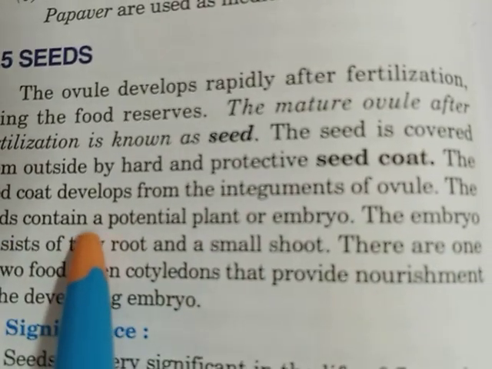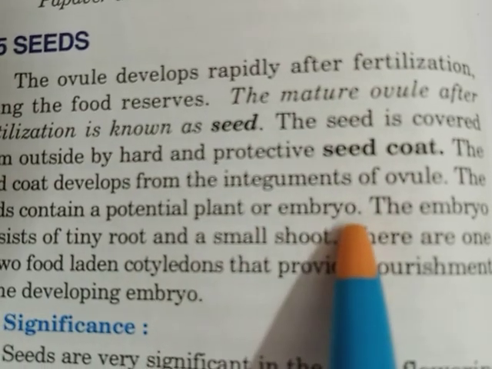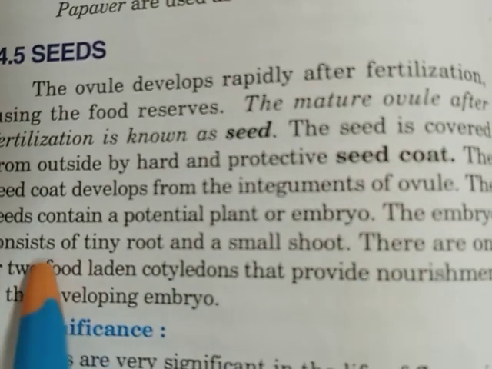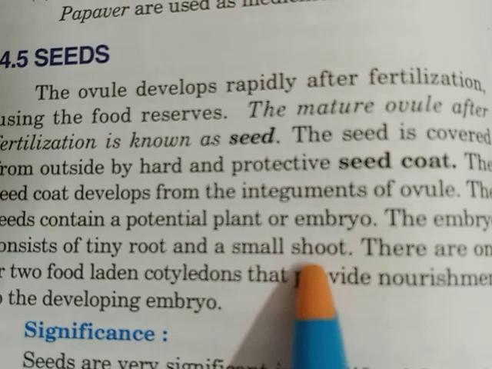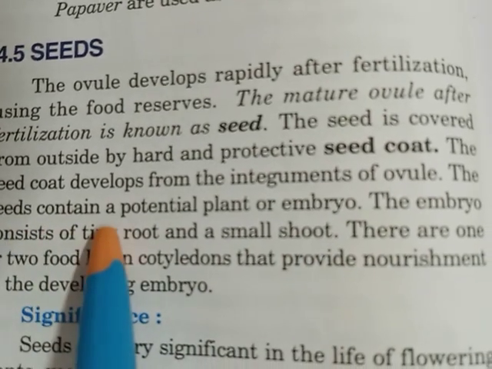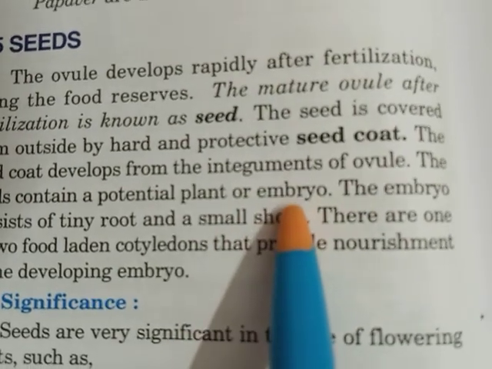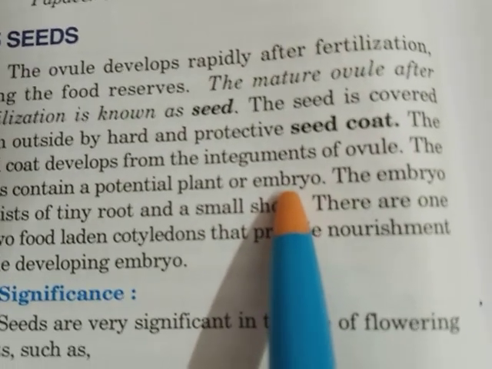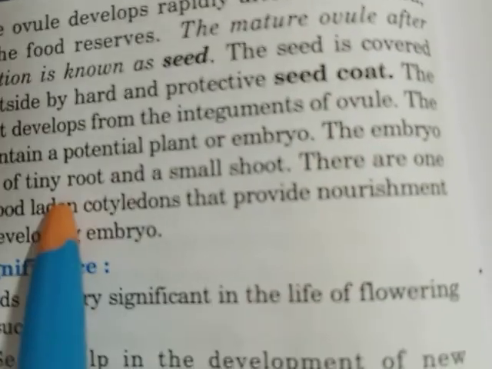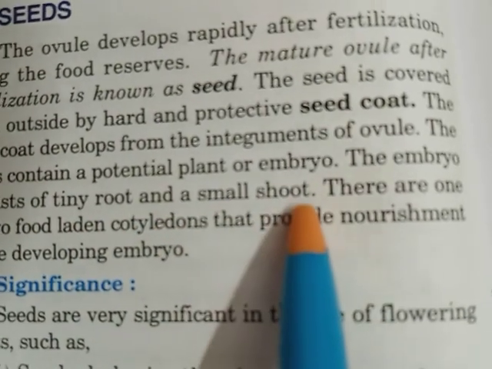The seed contains a potential plant or embryo. The embryo consists of a tiny root and a small plant. Every seed has an embryo. We can call it a baby plant, and this embryo consists of roots and small shoots.